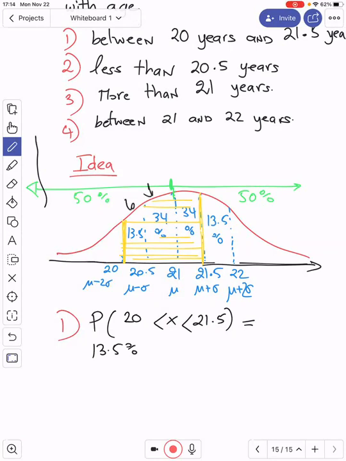Second region is 34, and the third region is also 34. So that's 81.5%. So the interpretation: 81.5% of the students in BCC are between 20 and 21.5 years old.